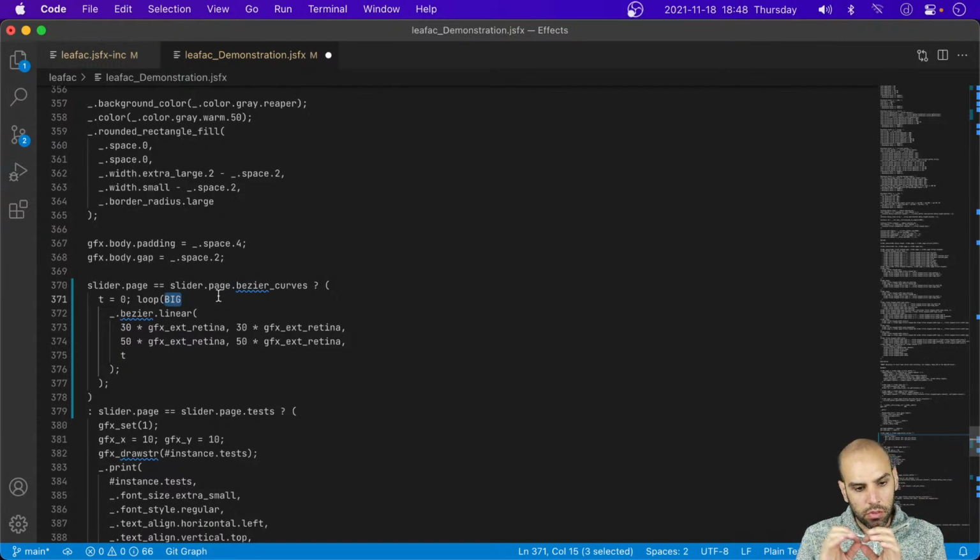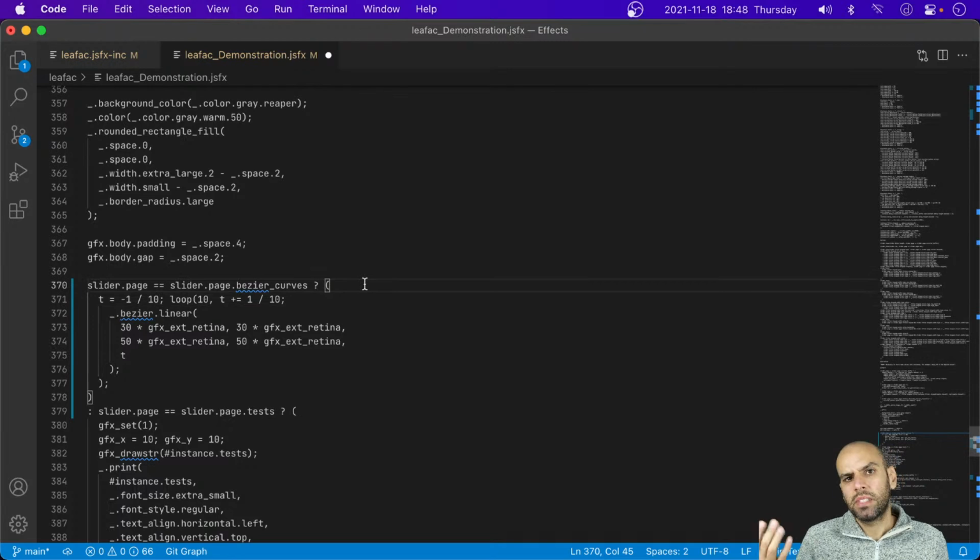Or if the points are closer together, I will need fewer iterations. But for now, I'm just going to give 10 iterations of this. And t needs to go between 0 and 1. So I am going to take t and increment 1 over 10. In fact, to make this work, I need this to start at minus 1 over 10.